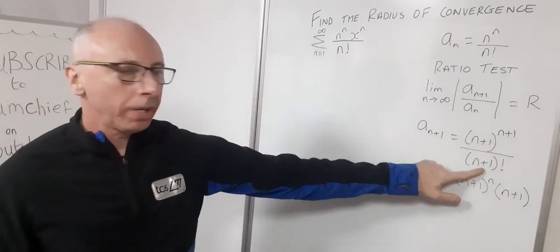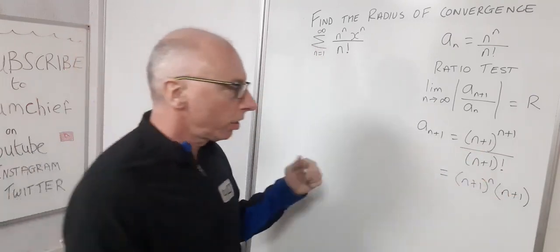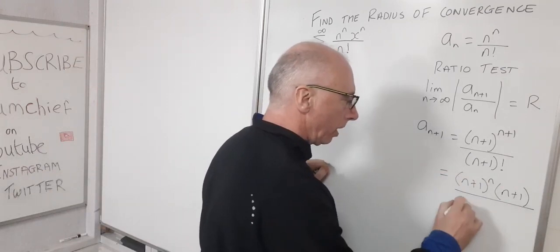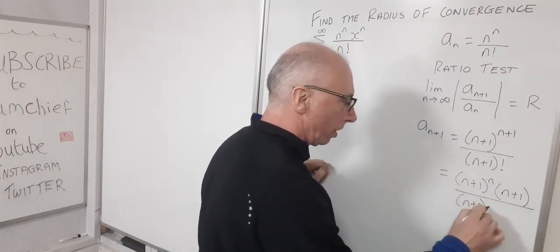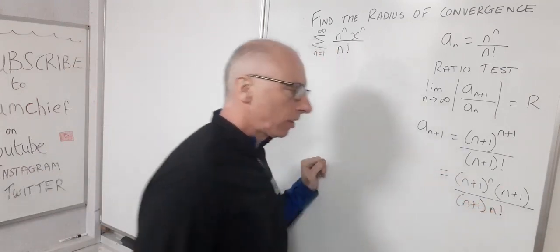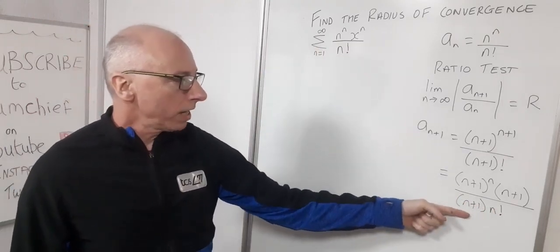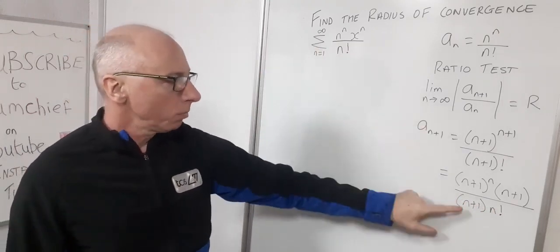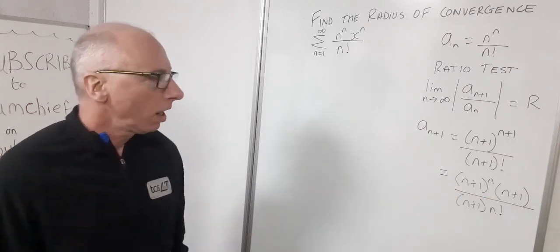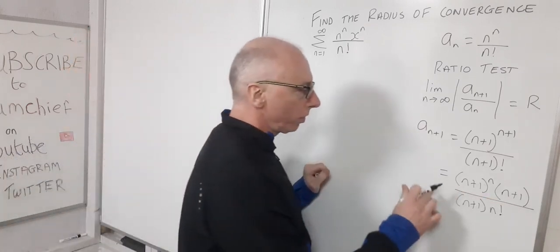And our denominator, n plus 1 factorial, is simply n plus 1 times n factorial, by nature of what factorial is. So already we've got some simplification using algebra for our n plus 1th coefficient.